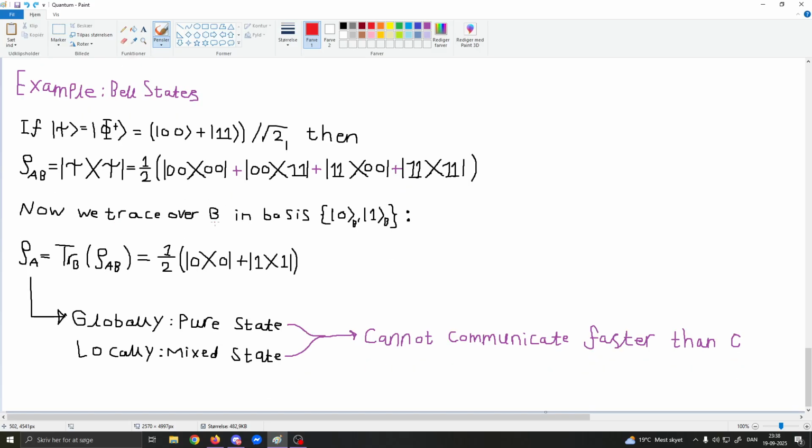Now, if we trace over Bob's system in the computational basis, corresponding specifically to just his computational 0 and computational 1, then it means that we take this parentheses and sum over every combination of 0 here, 0 here, multiplied onto each one of these, plus 1 here, 1 here, etc. And what it leaves us with is this sum down here.